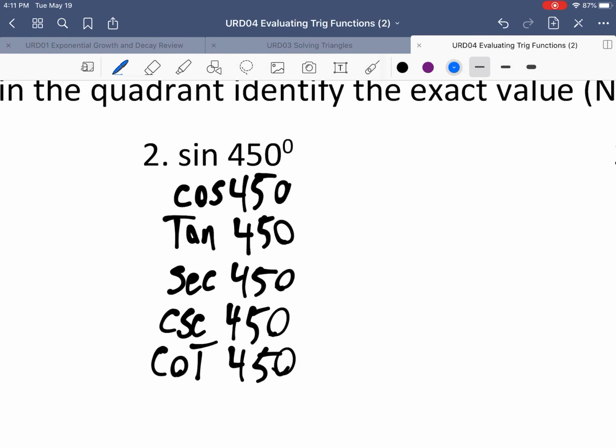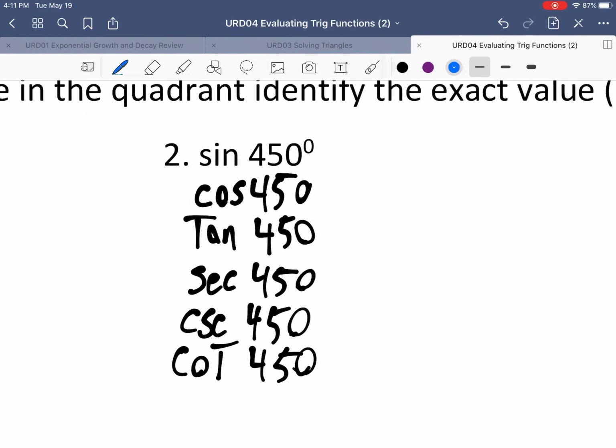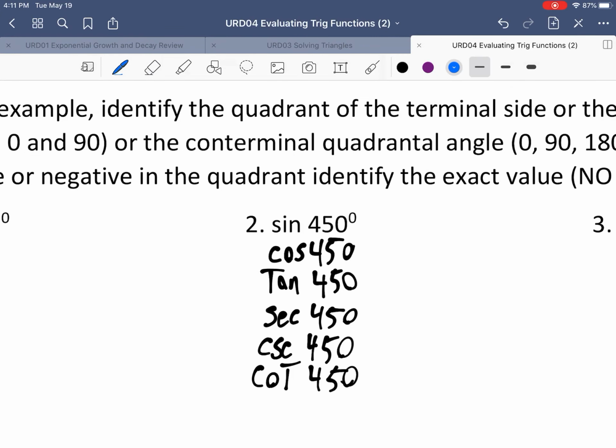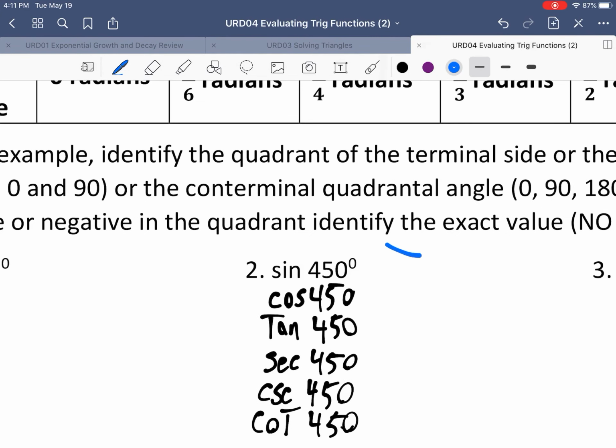All right, so if we wanted to evaluate the sine of 450, so this is example 2. We're going to do it for all the values just to check, but I'm just going to go over this for 450. So I'm going to draw a circle, and we want an angle between 0 and 360 that is coterminal to 450.